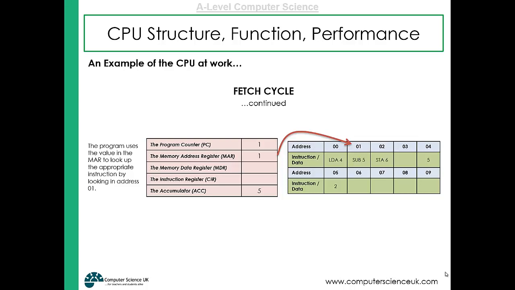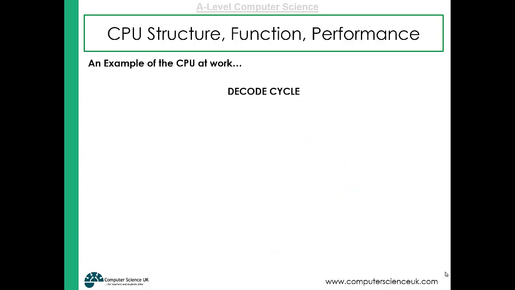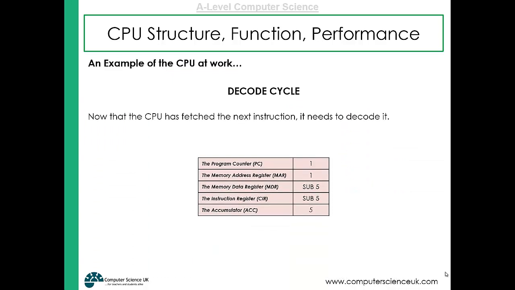So it requests the data by putting that address along the address bus to the RAM. The RAM then will send the instruction back along the data bus into the CPU's memory data register. Because it's an instruction, it is moved into the instruction register, and then it is looked up in the instruction set.